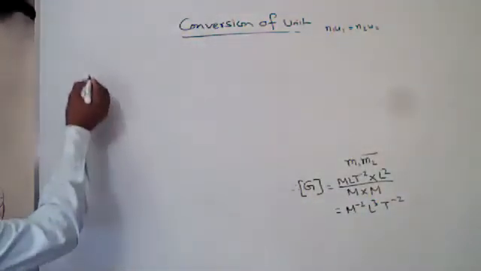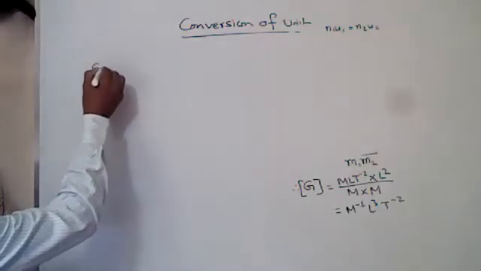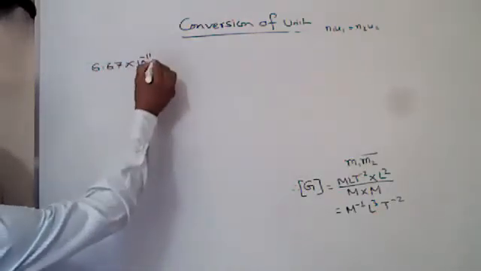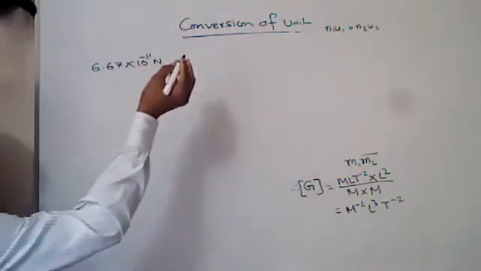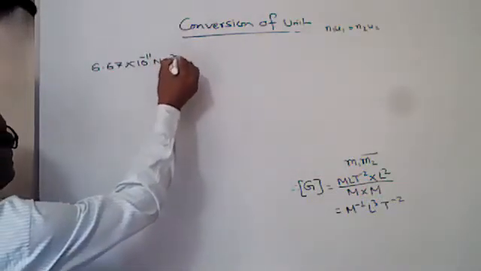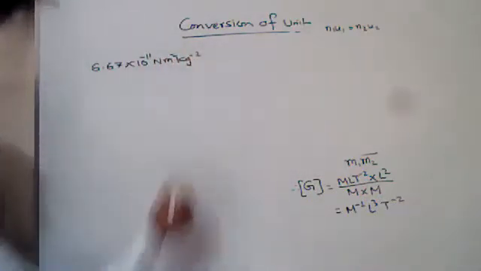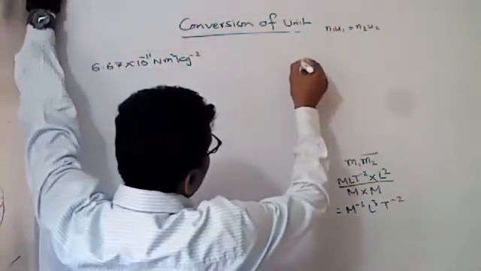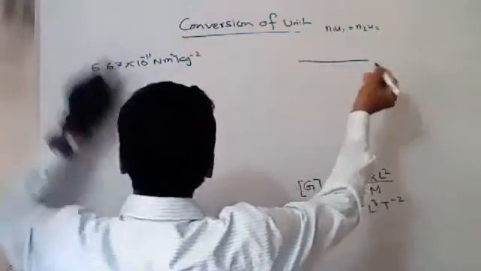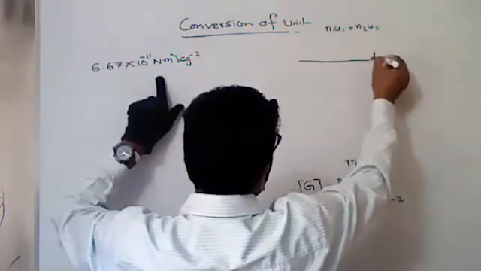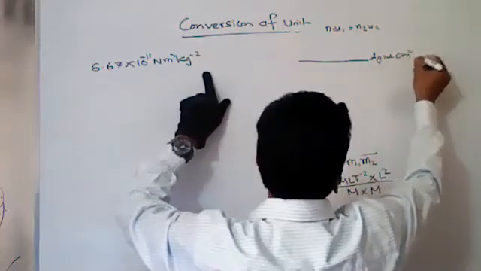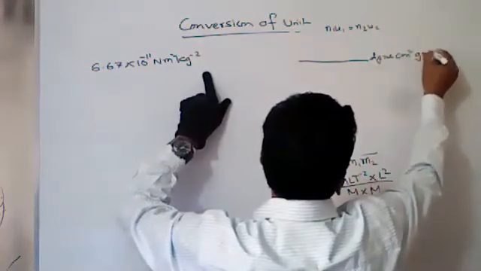Now, 6.67 into 10 to the power minus 11 Newton meter square kilogram inverse 2, what is the value in centimeter square gram inverse 2?